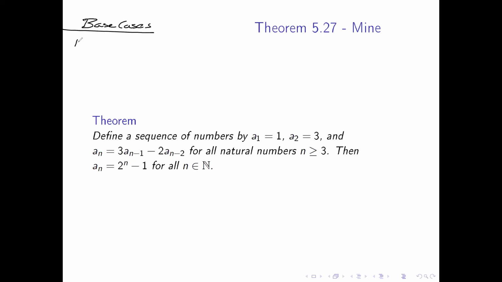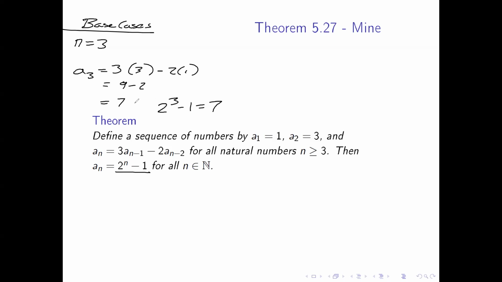Our first base case is obviously n equals 3, in which we have a sub 3 equal to 3 times the previous number, which is 3, minus 2 times 1, which is 9 minus 2, which is 7. But my claim is also this: 2 to the third power minus 1 is equal to 7. These are the same. Check.